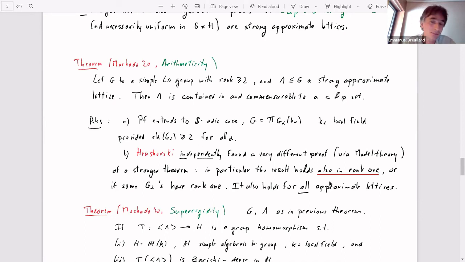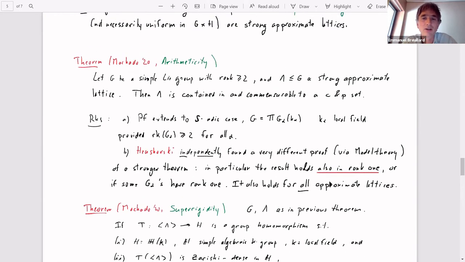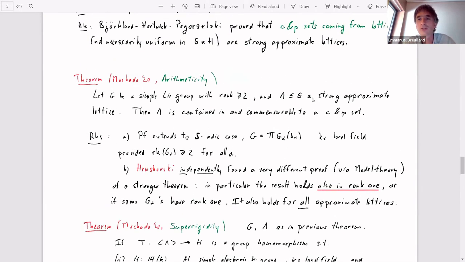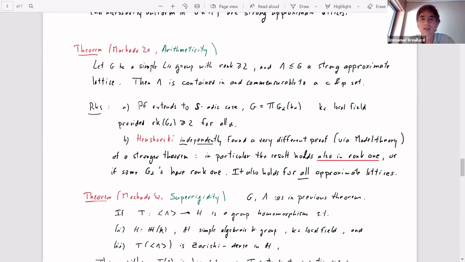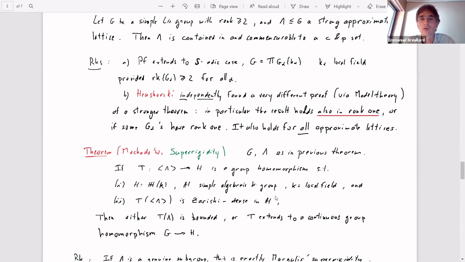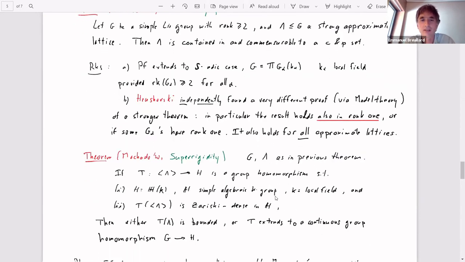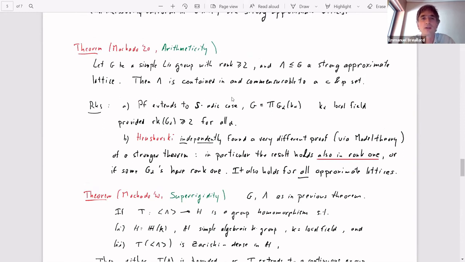It turns out that you cannot, unless your approximate lattice is a genuine lattice. So this theorem holds not only for strong approximate lattices, but for all approximate lattices. The two proofs are very different. Machado's proof uses ergodic theory, and Hrushovski's proof essentially uses model theory.